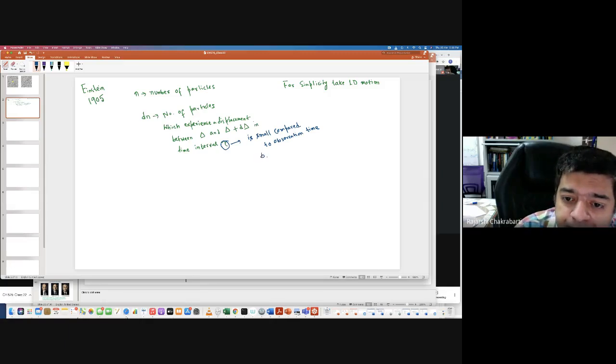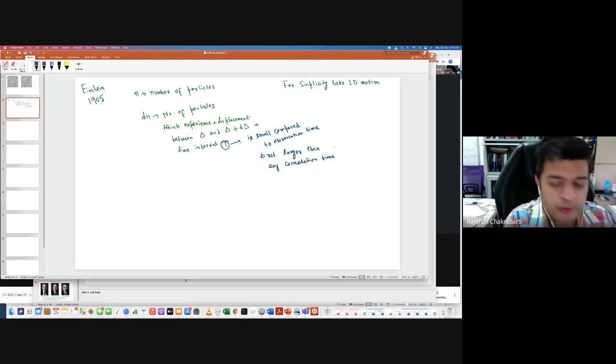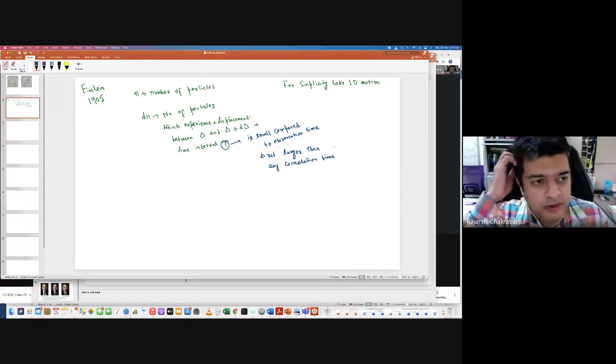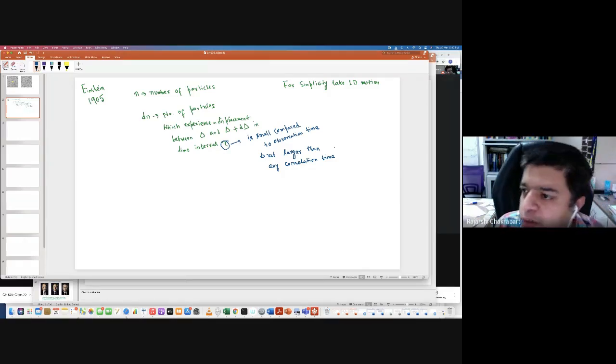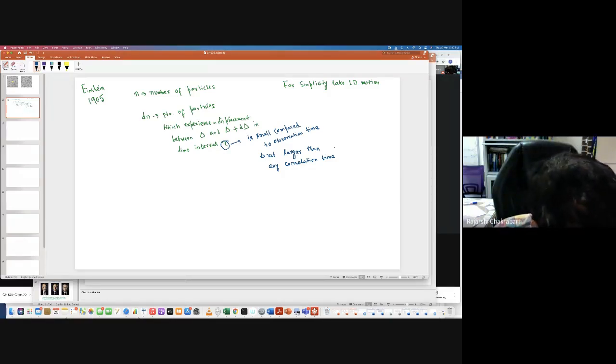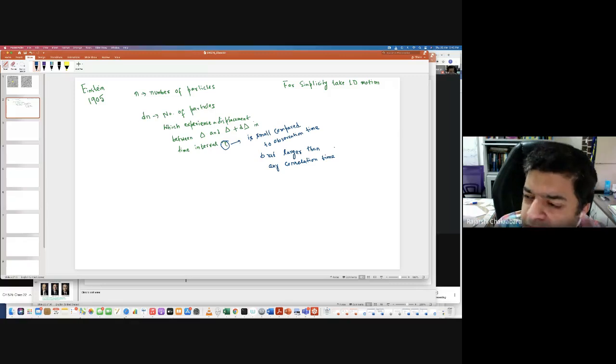What does it mean? So for example, I observe this phenomenon. I'm tracking this pollen grain for say 10 seconds. So that is my total observation time. And this tau is much smaller than 10 seconds, number one. But it has to be greater than the correlation time, if there is one in the system.